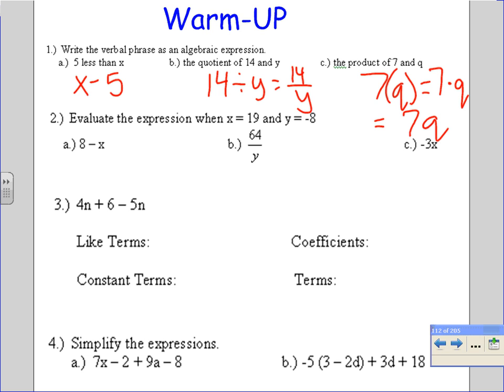Briar, what did you get for 2A? Good. Sean, 2B. Good. Adam, 2C. Good. For number 3, Zach, what are the like terms? Good job. Annalise, the coefficients.